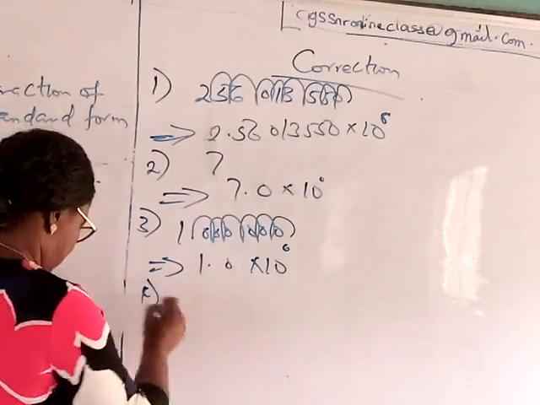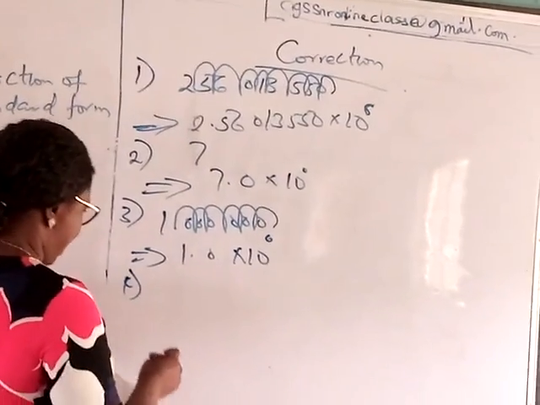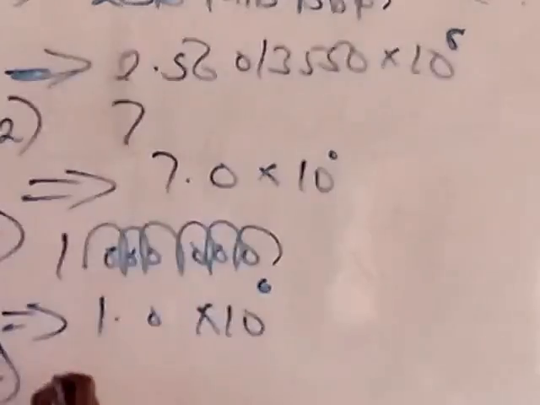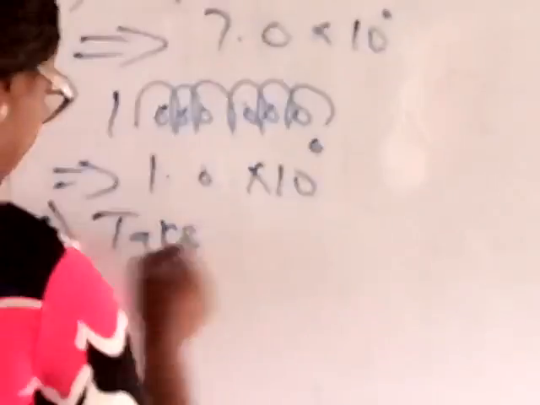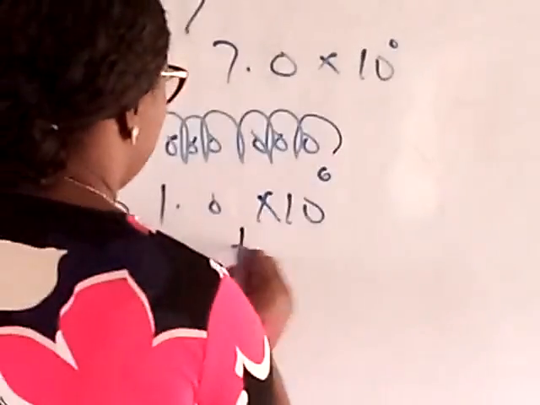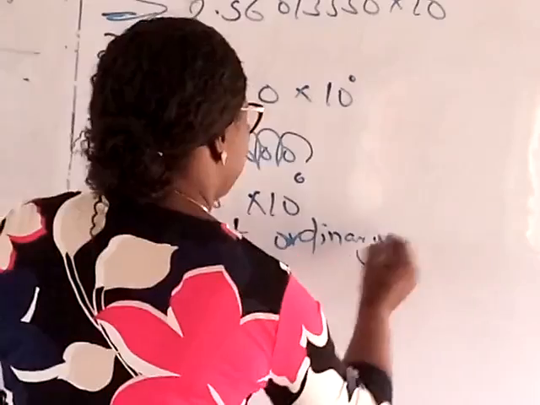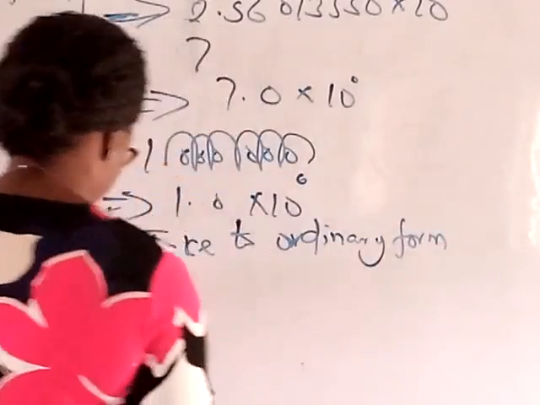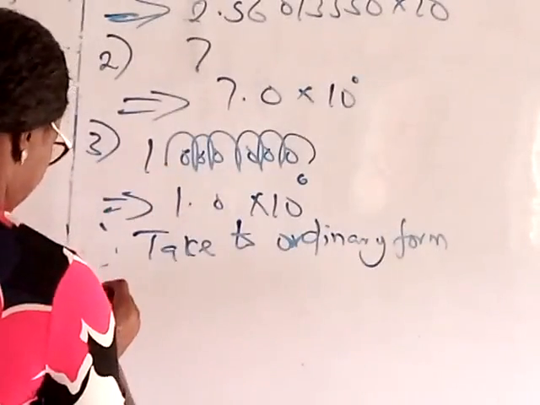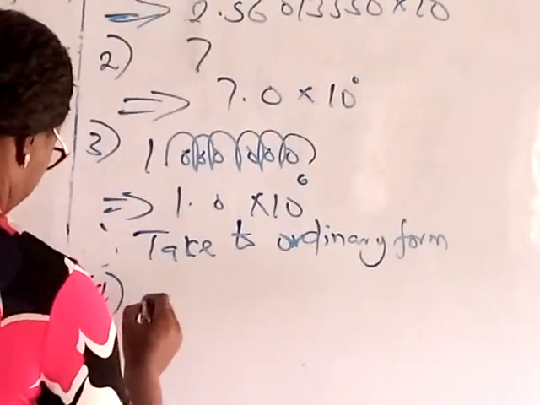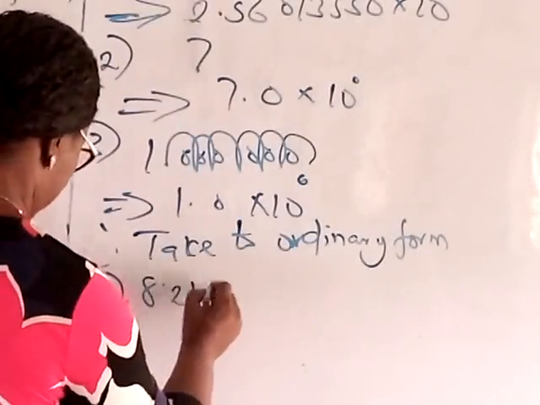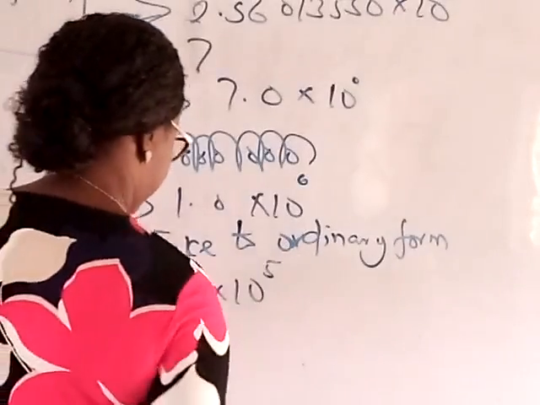Then, the fourth question, you are asked to take to ordinary form. We have 8.21 times 10 raised to power 5.